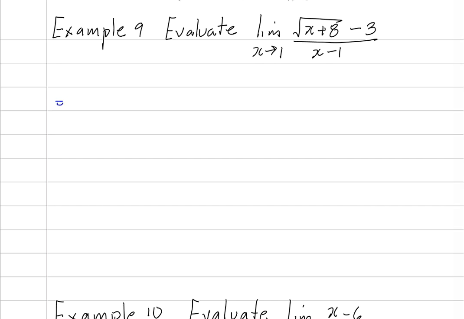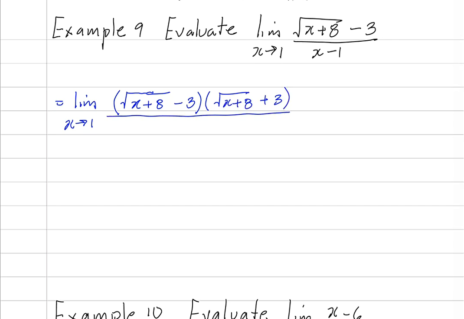So this is saying the limit as x approaches 1 of the root of x plus 8 minus 3, multiplied by the root of x plus 8 plus 3, over x minus 1 multiplied by the root of x plus 8 plus 3.